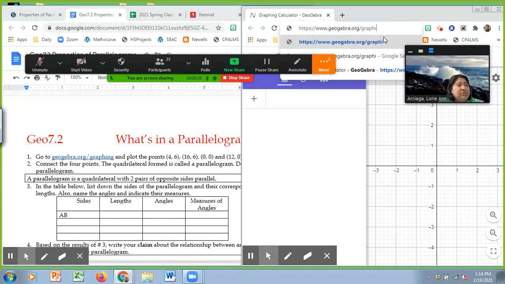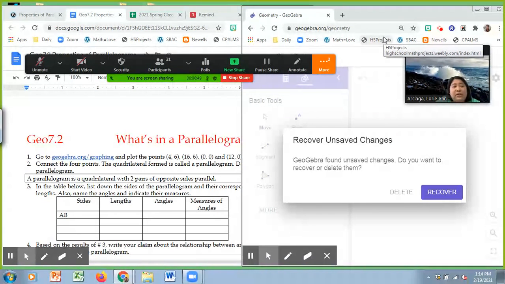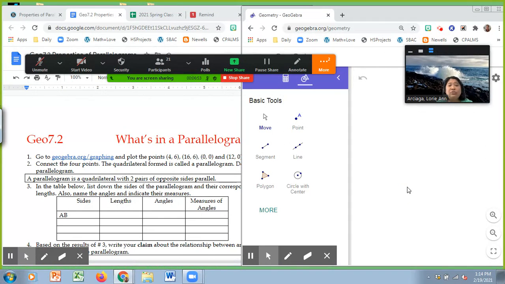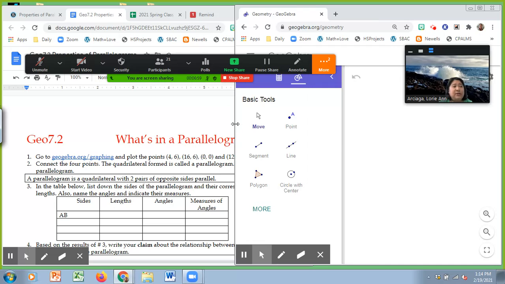Change the graphing to geometry. There you go. Because the other one doesn't have the segment tool or measure tools and stuff like that. It's more for algebra than for geometry.